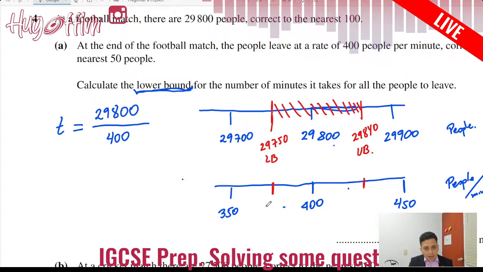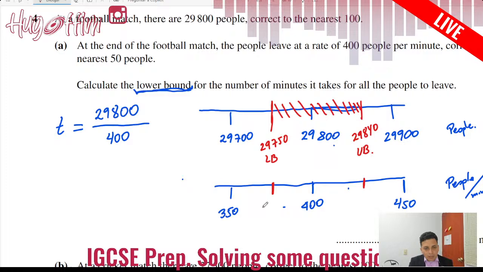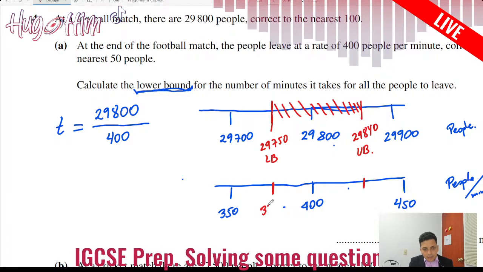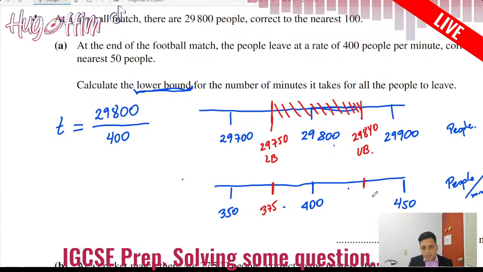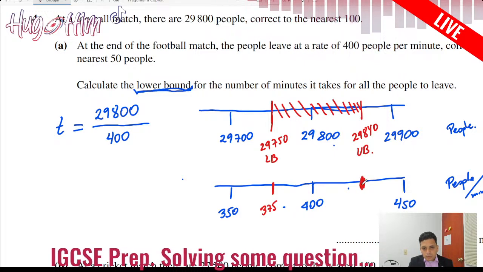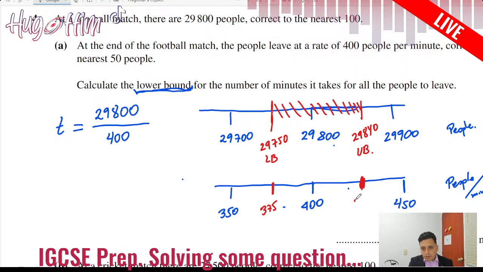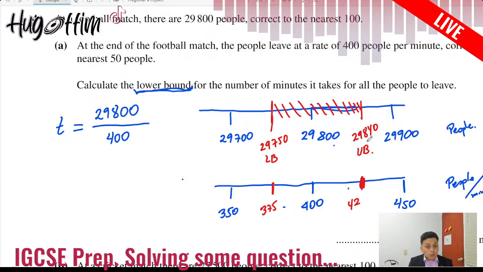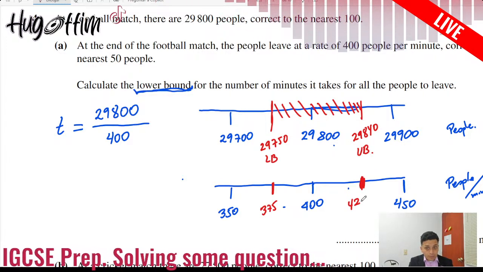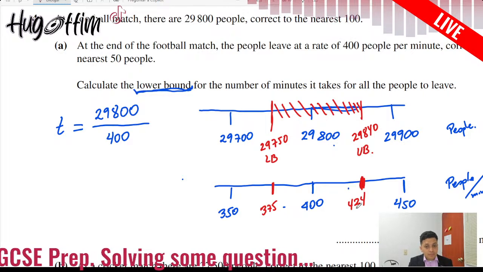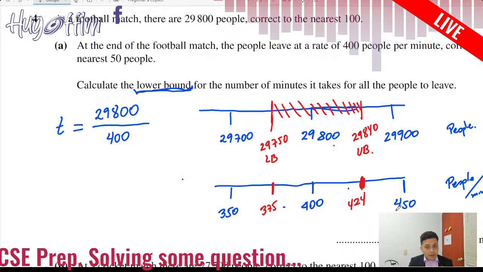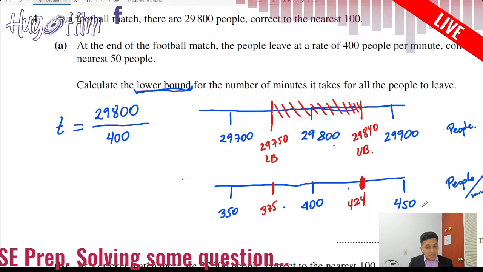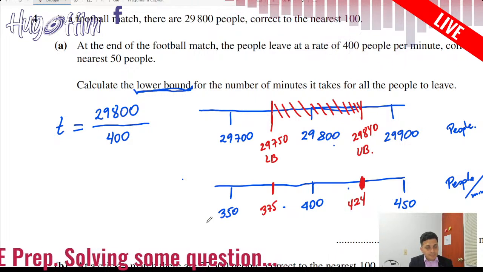In this case, my lower bound is going to be 375, and my upper bound is going to be 424. I'm going to put 24, because if I put 425, maybe it would be corrected to 450.